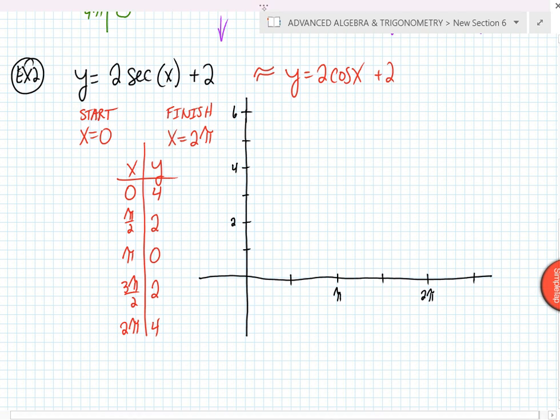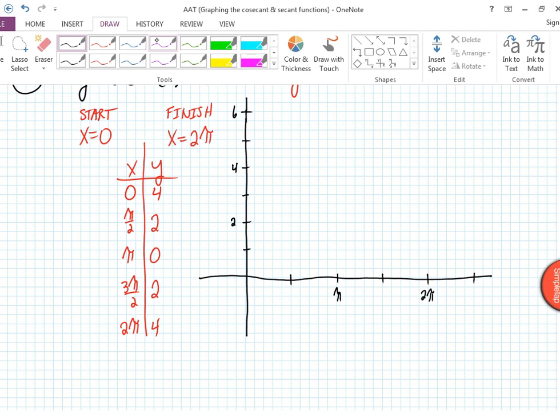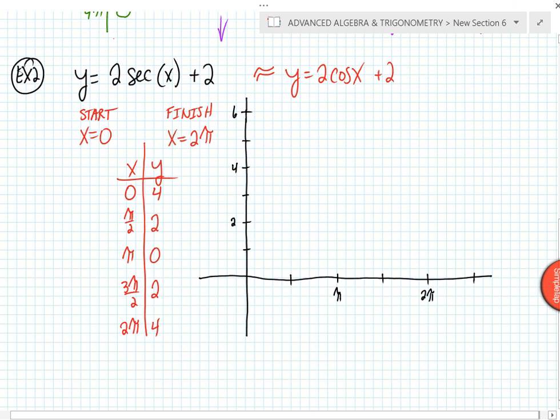Now I know that the majority of the stuff I'm going to have to erase, so just going to put real little circles. We'll go ahead and throw one more on there.